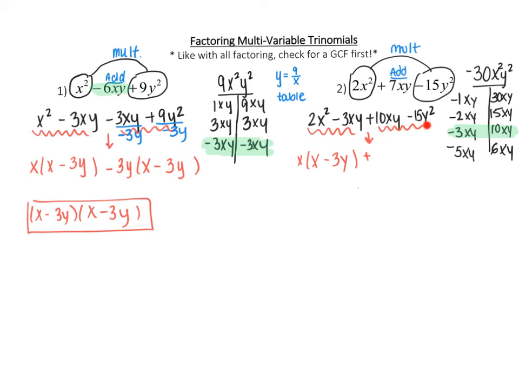Then I have a y and a y, so I can actually take out a 5y. And then I'm going to do the division. So 10xy divided by 5y. 10 divided by 5 is 2. The y's will cancel, and I'm just left with this x value. So I have 2x. Here I have 15 and 5, or negative 15 and 5, that's negative 3. Y squared divided by y is just y, so negative 3y.